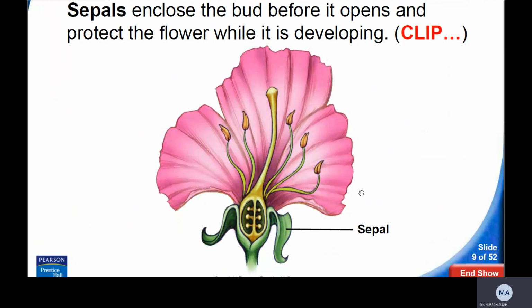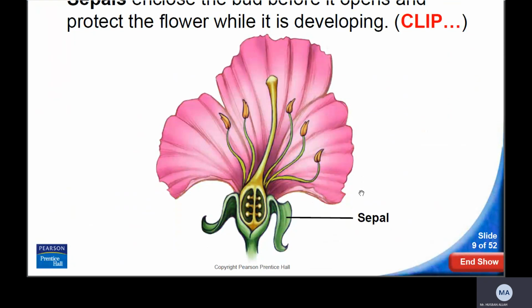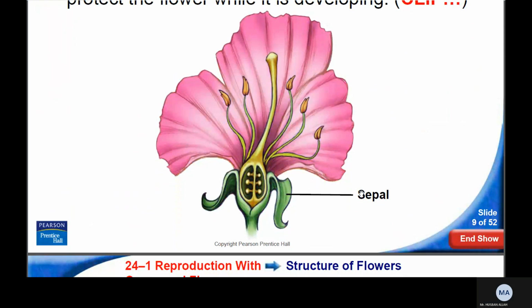Now if you look at the function of the sepal, it encloses the buds of the flower. And if it encloses, it also performs the function of protection, at the time when the flower is going to develop. So that is the sepal, right?